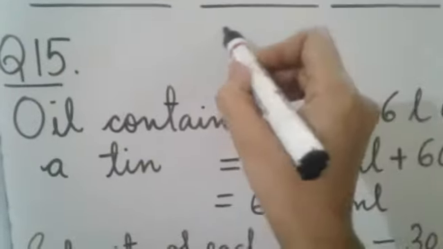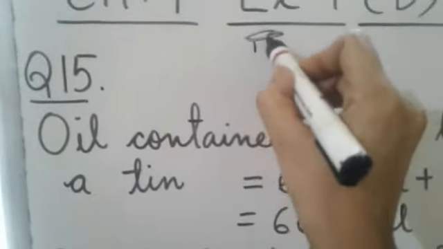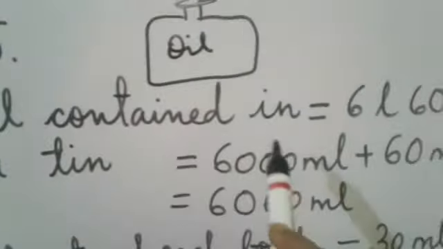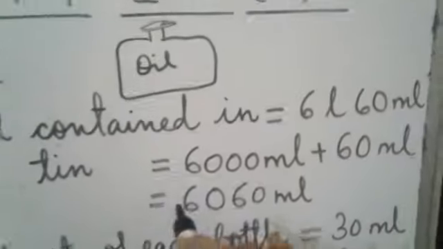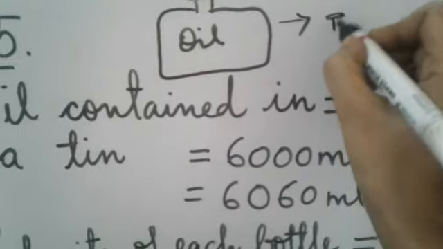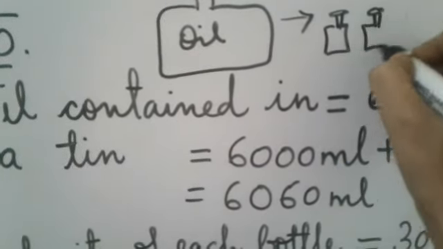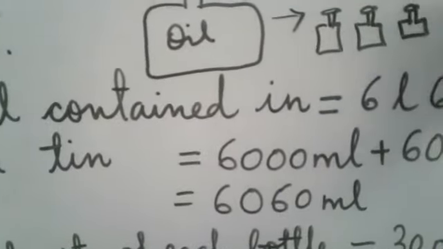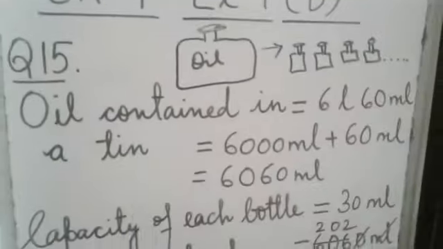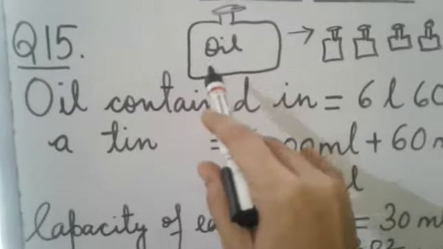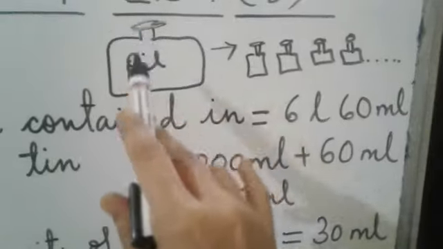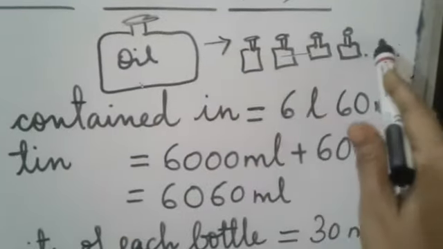For example, we have a big bottle of oil that has 6 liter 60 ml of oil in it, and this oil has to be filled in small bottles. So I hope you have understood that we have a large container for oil in which 6 liter 60 ml of oil is contained, and that oil has to be transferred in small identical bottles.